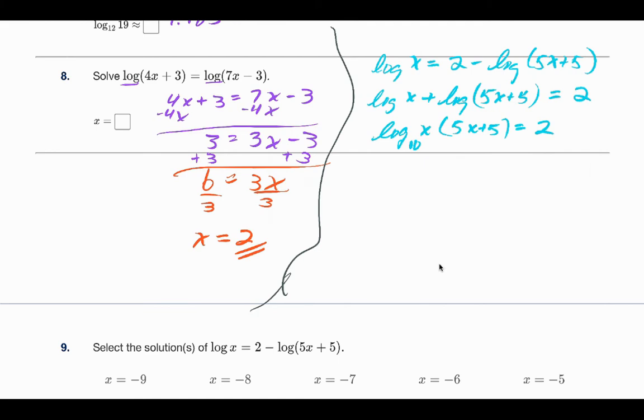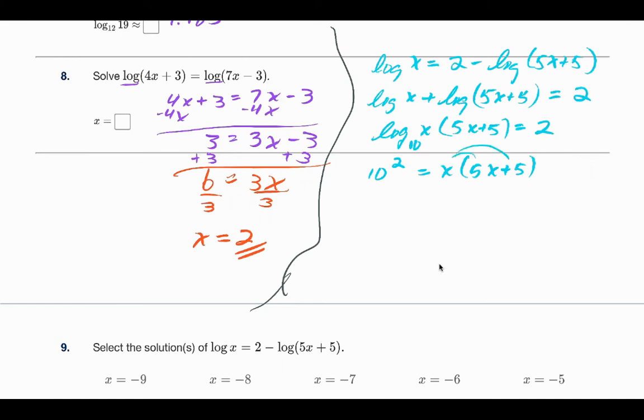So 10 raised to the power of 2 is equal to x times 5x plus 5. Okay, so let's go ahead and distribute that x through.